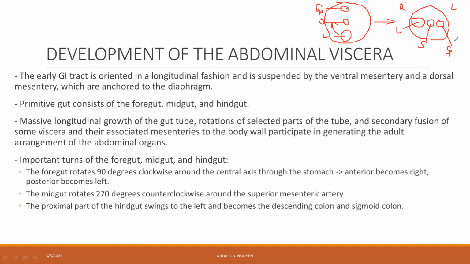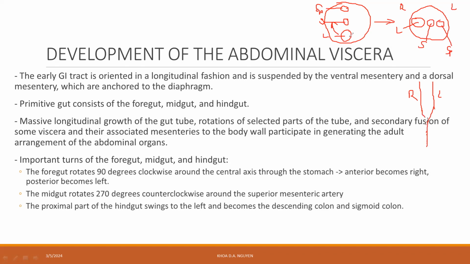That's foregut rotation. And that also explains why up in the thoracic cavity, you have two vagus nerves, one on the right and one on the left. But then when you get to the abdomen, the left vagus nerve becomes the anterior vagal trunk, and the right vagus nerve becomes the posterior vagal trunk.